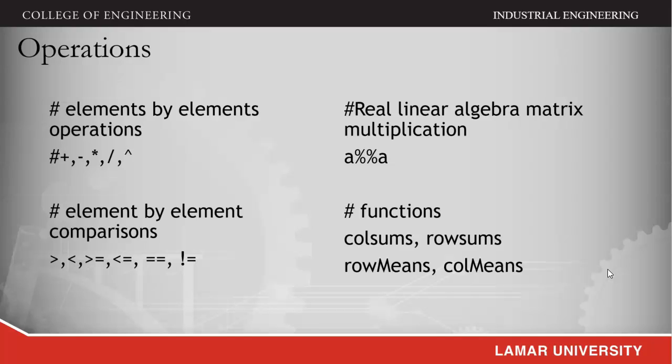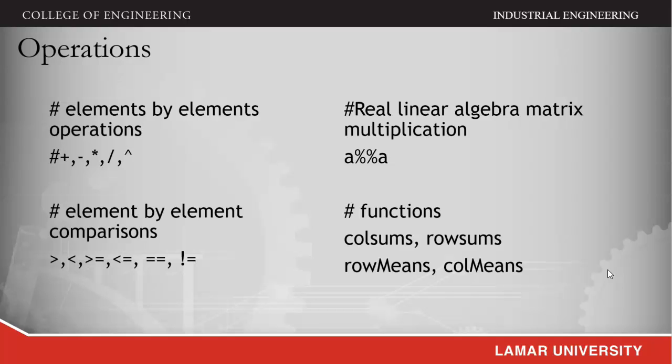So what kind of operations can we perform using matrices? We have the element by element operations just like we had before: plus, minus, times, division, power. We can do the element by element comparison just like we did with vectors: larger than, less than, larger or equal, less than or equal, an equal comparison or not equal comparison.